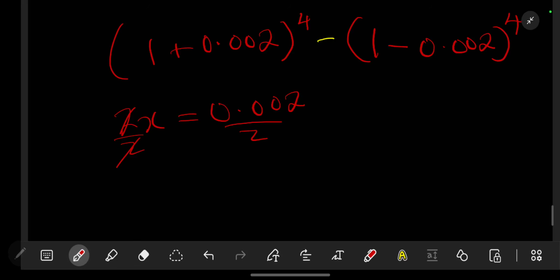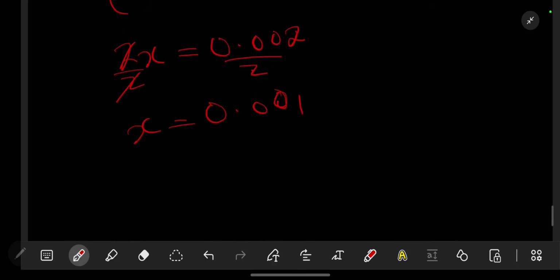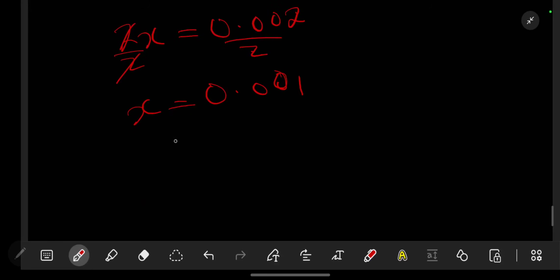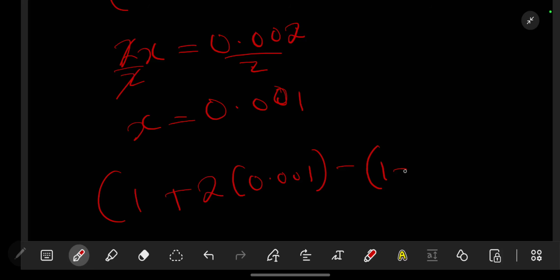So x is equal to 0.002 divided by 2 is 0.001, like that. So if that's the case, it means this is the same as 1 plus 2 by 0.001, minus 1 minus 2 by 0.001, so squared, like that.